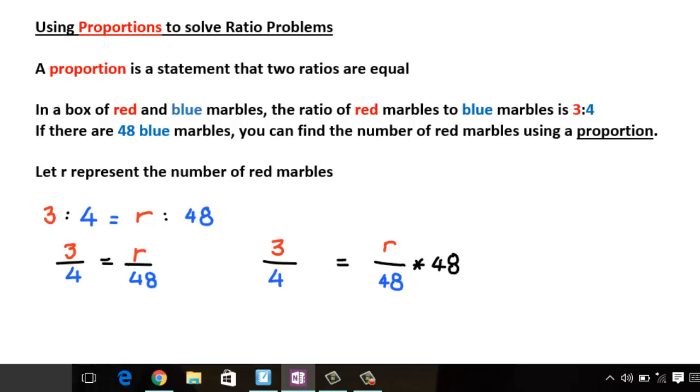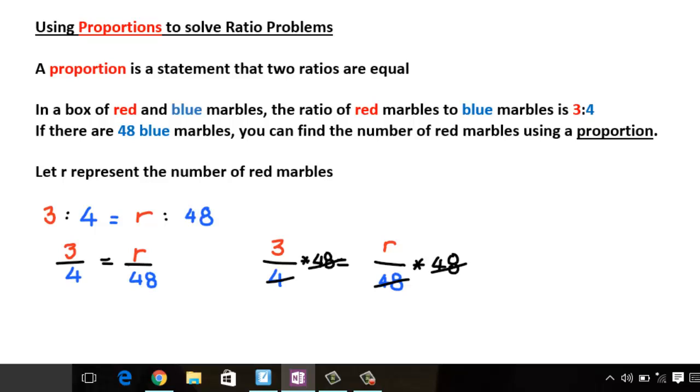But I cannot make this change on the right side without doing the same change on the left side. So I have to do the same thing, times 48. Now I keep the balance of the equation this way. So 48, I can simplify it with 48. That's why I will isolate R. And now I need to simplify 48 with 4.